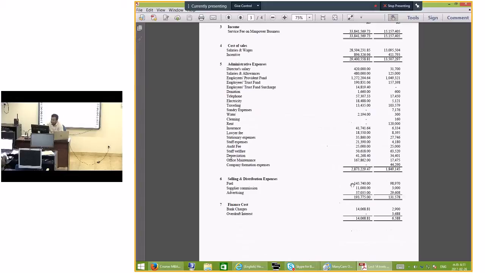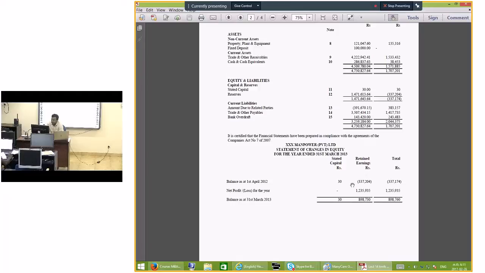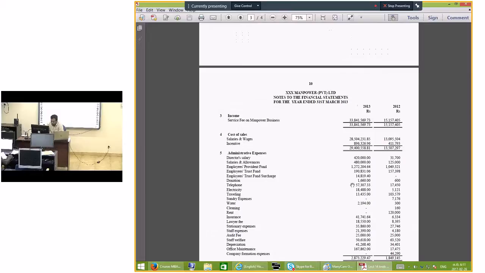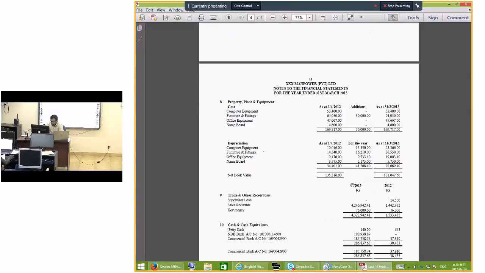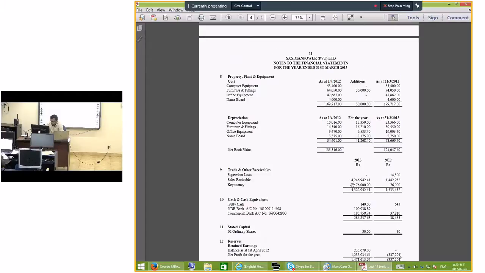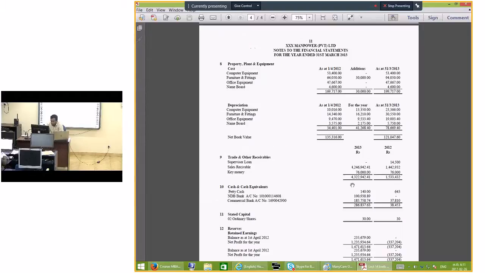But if you look at the balance sheet, in note number 9, there is key money.